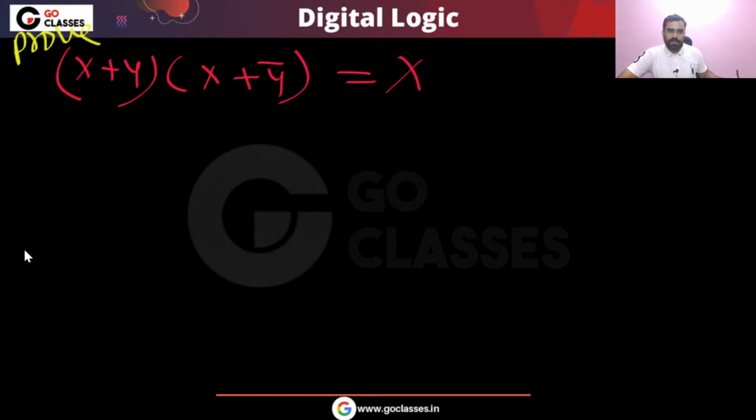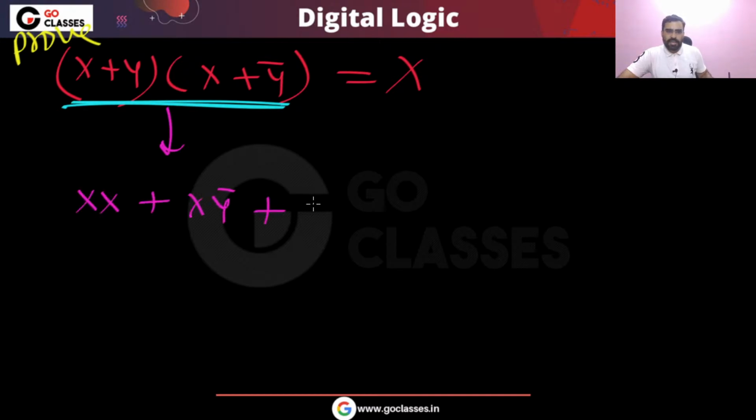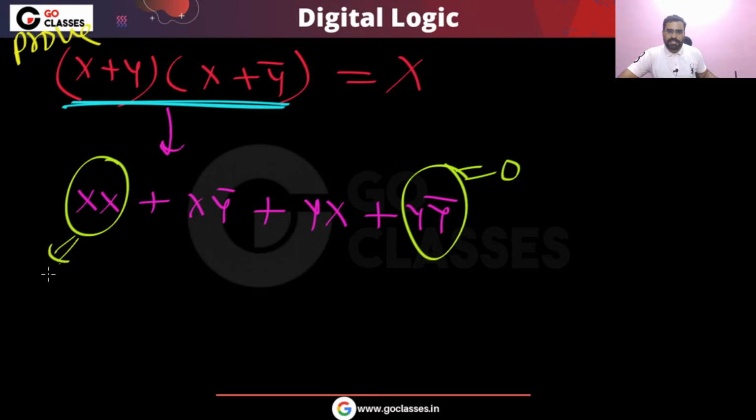Then very simple, just multiply them. If you multiply them, then you will get xx plus xy bar plus yx plus yy bar. Now this yy bar is 0, and xx is the same as x. So finally you will get x plus xy bar plus xy.